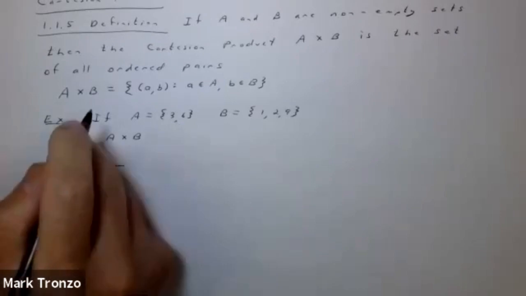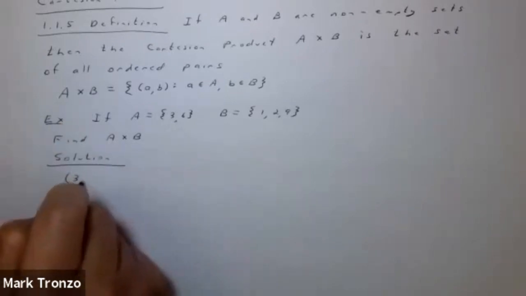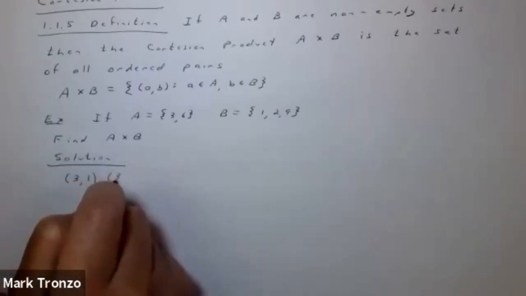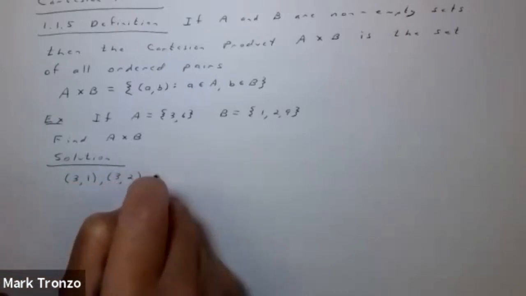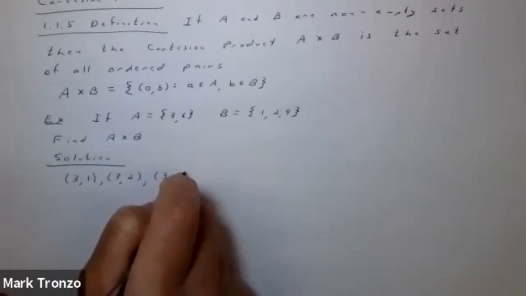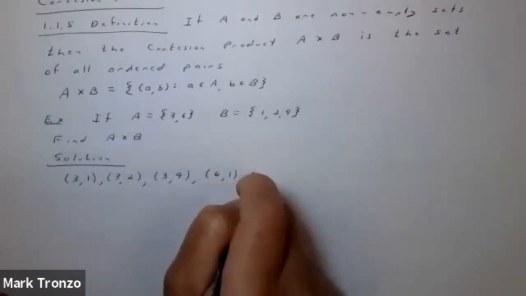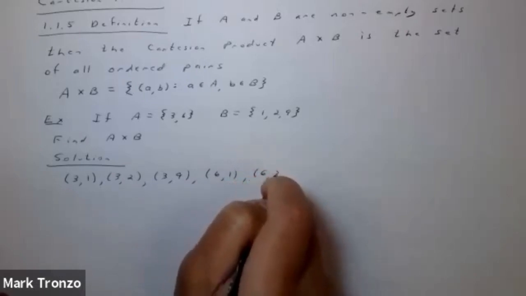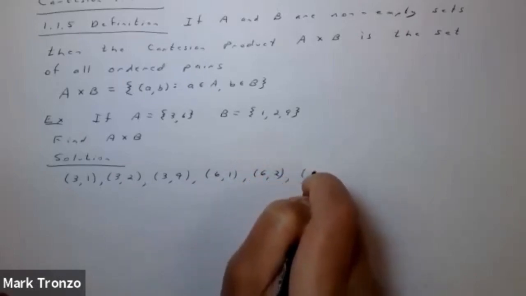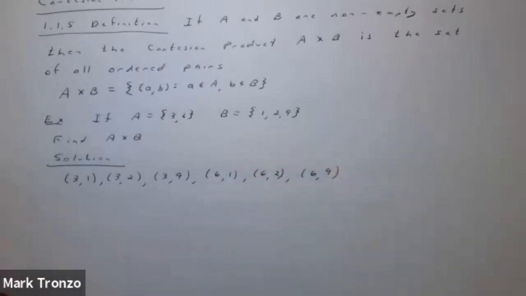It doesn't really matter what order you put them in, just get all the pairs. 3 and 1, 3 and 2, 3 and 9, 6 and 1, 6 and 2, 6 and 9, like that. It's just something we'll use a little bit later.